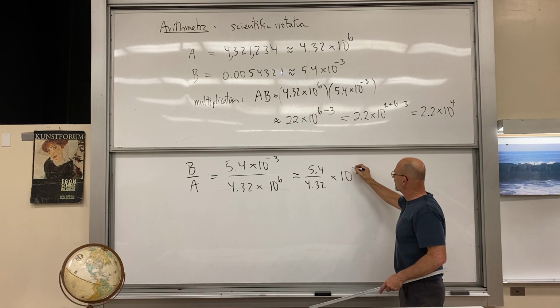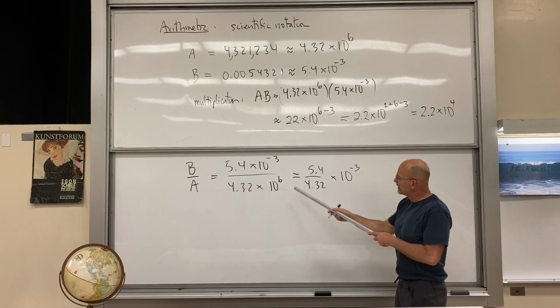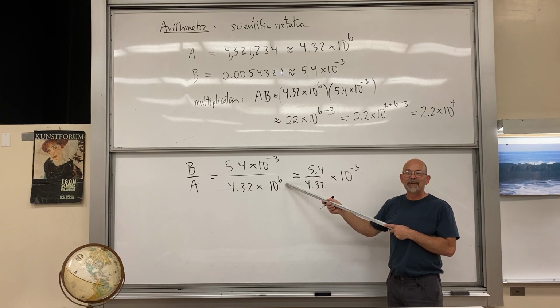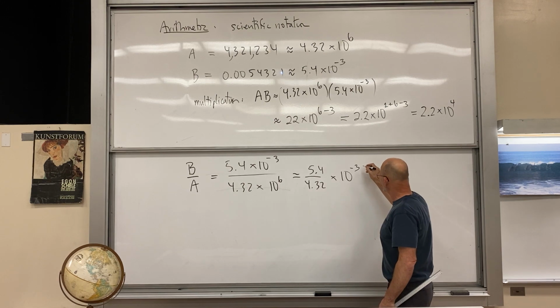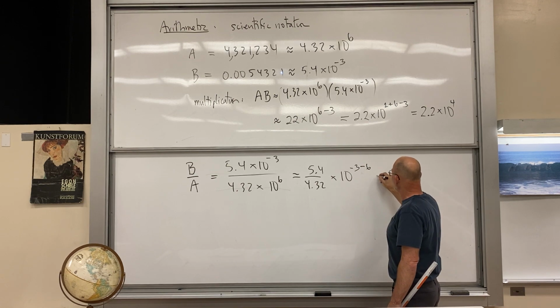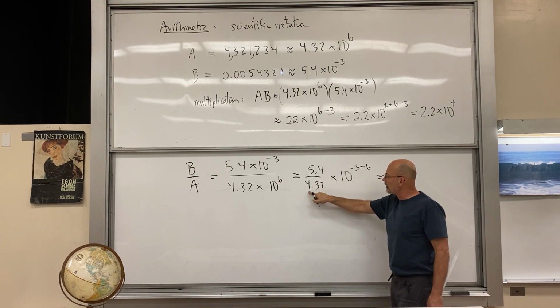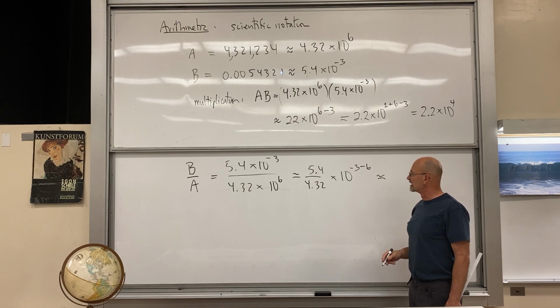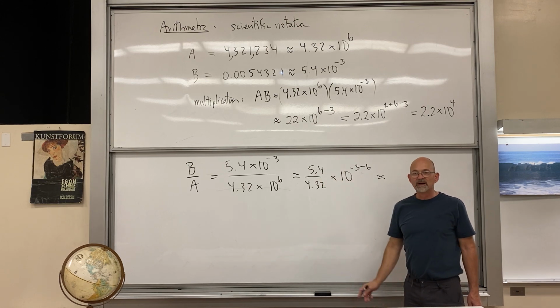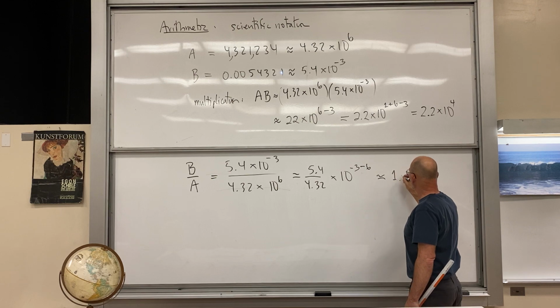Minus 3. And because this is in the denominator, 10 to the minus 6. Okay, so, I'm sorry, yeah, 10 to the minus 3 minus 6. And now this 5.4 over 4.32, what is that? Slightly greater than 1. I'm just going to say approximately 1.1.